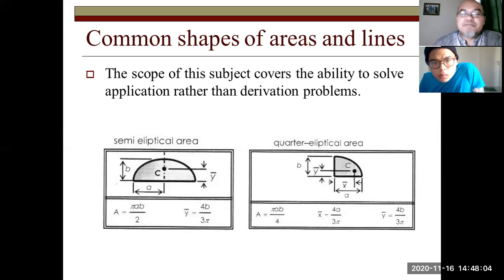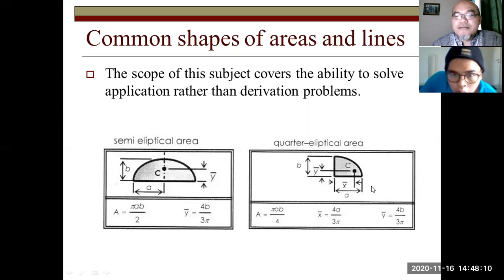If it is a quarter area, then the x along the longer axis equals 4 times a divided by 3 pi, while along the shorter axis it is 4 times b divided by 3 pi.